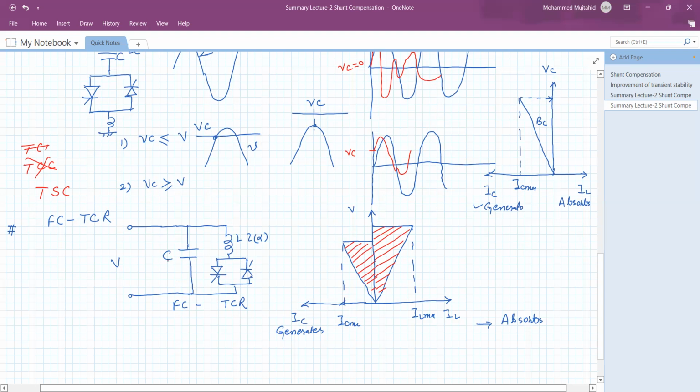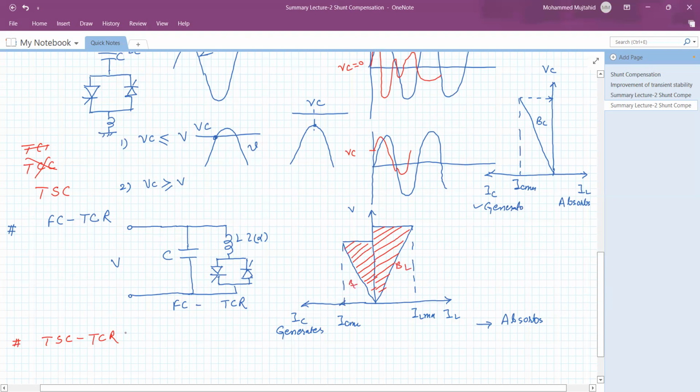Now one may use different values of capacitor, so it becomes a thyristor switched capacitor with thyristor controlled reactor, a combination of these two, with say BL and BC.